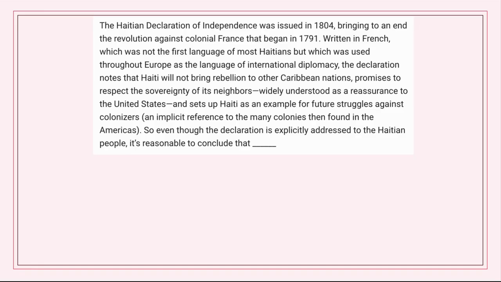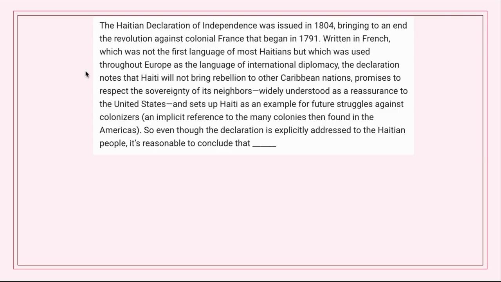Written in French, which was not the first language of most Haitians, but which was used throughout Europe as a language of international diplomacy, the Declaration notes that Haiti will not bring rebellion to other Caribbean nations, promises to respect the sovereignty of its neighbors, widely understood as a reassurance to the United States, and sets up Haiti as an example for future struggles against colonizers, an implicit reference to the many colonies then found in the Americas. So, even though the declaration is explicitly addressed to the Haitian people, it's reasonable to conclude that blank.